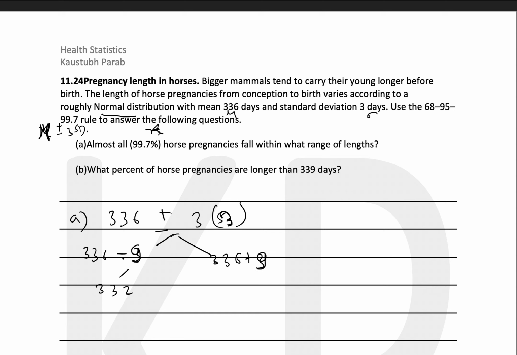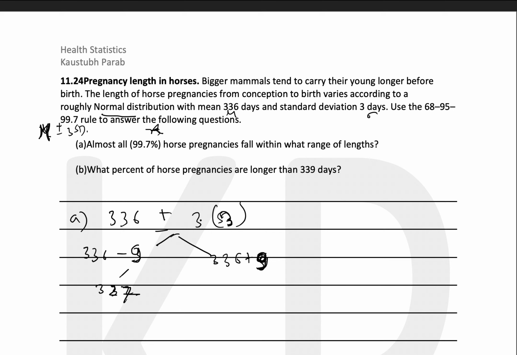So if you subtract 9 from 336, that's going to be somewhere around 327. Yep, that is 327. And if you add 9, remember this 9 is because of 3 standard deviations, and 1 standard deviation is 3.